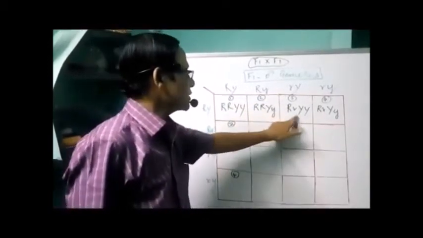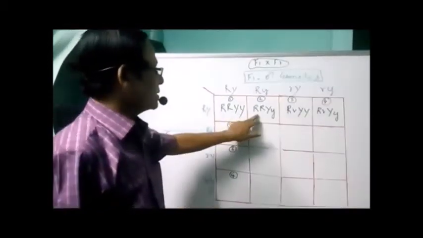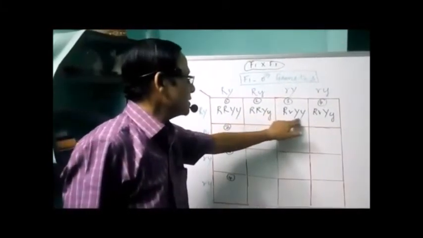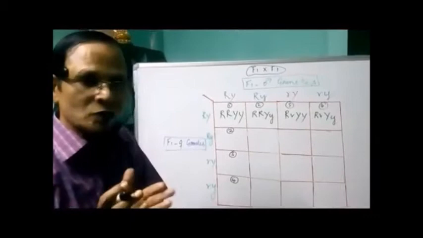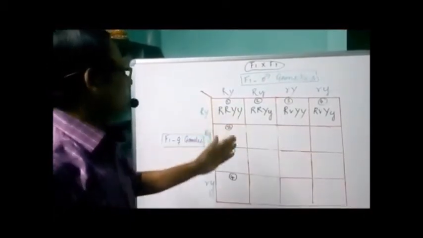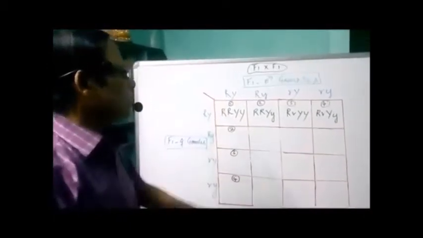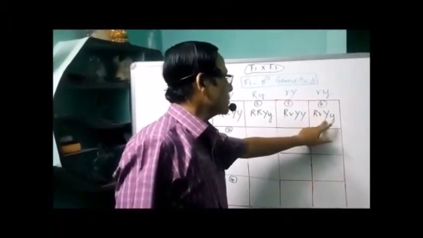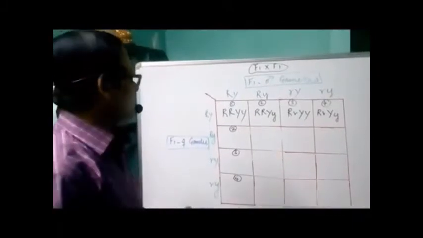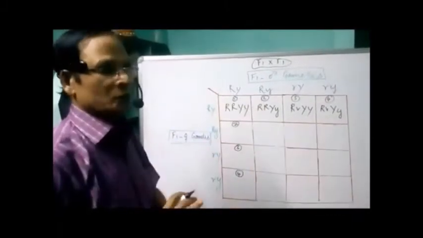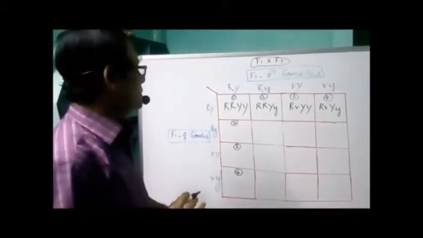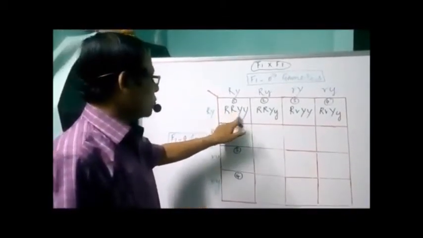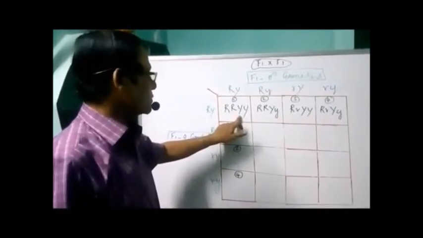Here the gene for round is homozygous; here the gene for yellow is homozygous, but the total number of dominant genes is 3. Now in the last case, 1 dominant gene for round, 1 capital Y for yellow color. So all are round yellow. 1 dominant R is enough to produce round, and 1 dominant Y is present to produce yellow.